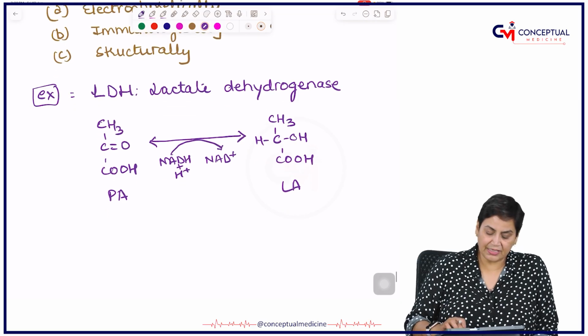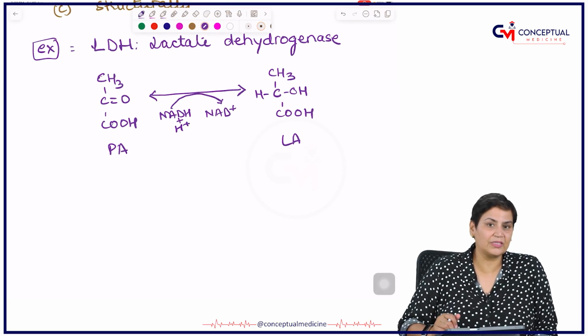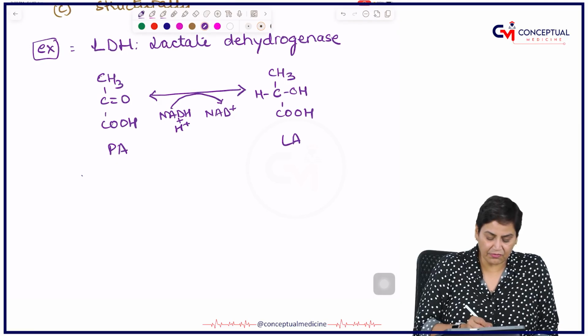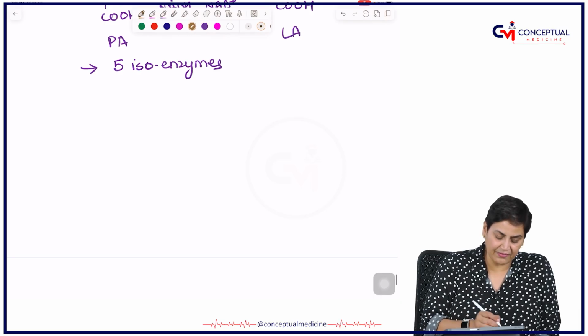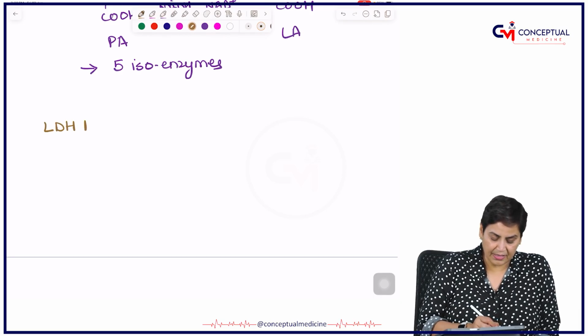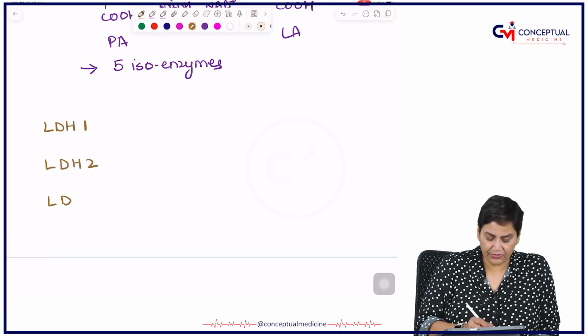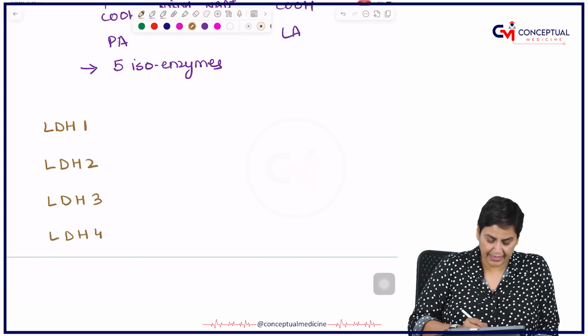Now the question is, since we are talking about the isoenzymes, this LDH has 5 isoenzymes. Right? So it is like LDH1, LDH2, LDH3, LDH4 and LDH5.